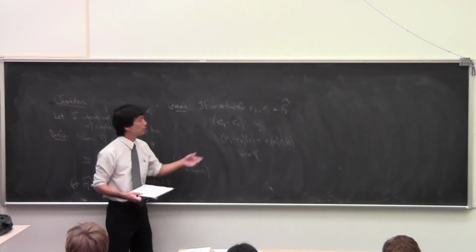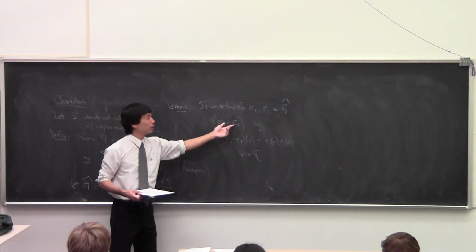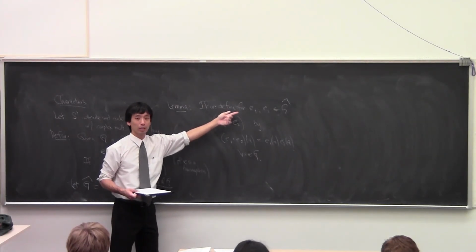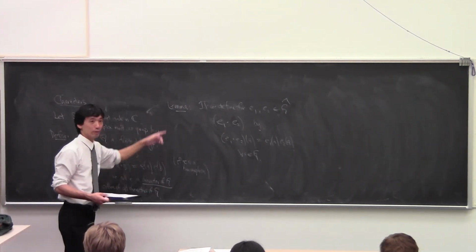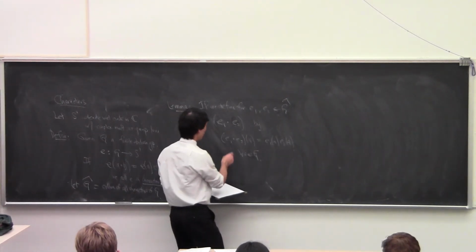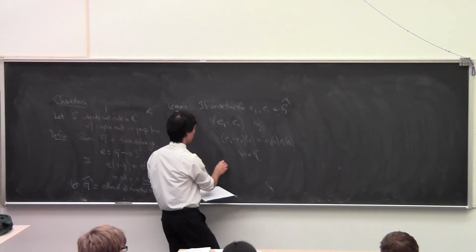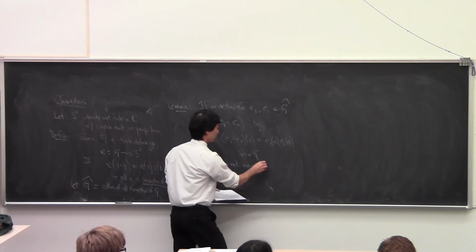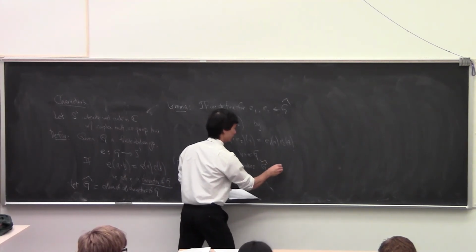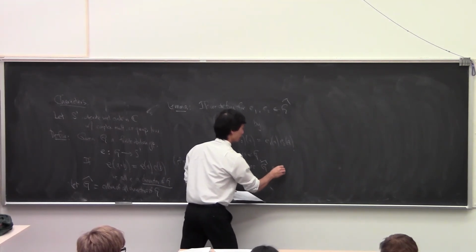If we do this, then we define the multiplication on the collection of characters. So we have all these characters, and we define a group law for them, and this multiplication makes G hat an abelian group.